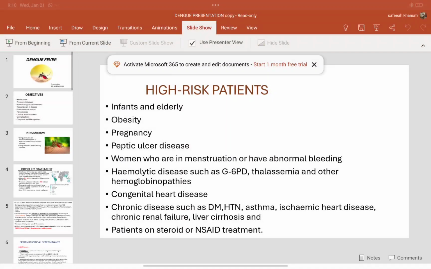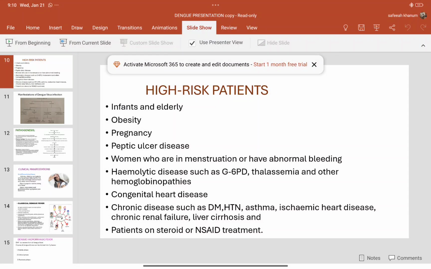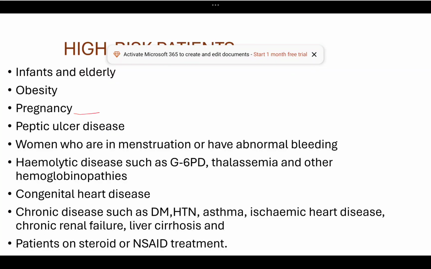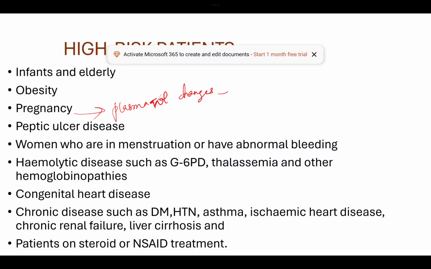And even in pregnancy, the plasma volume has physiological changes, right? The plasma volume changes will be more. Naturally, a 40 to 50% increase will be there in the fluid shift.